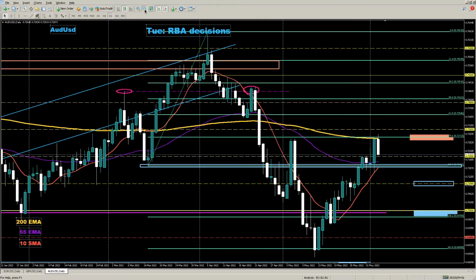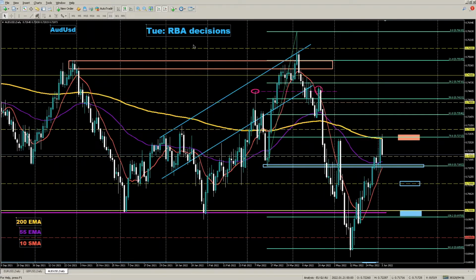So all eyes on the RBA on Tuesday with expectation of a further rate hike, could be a higher quantum from 0.35 to 0.75%. So that's a 40 basis points increase.